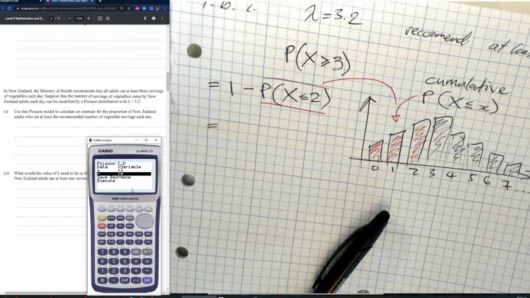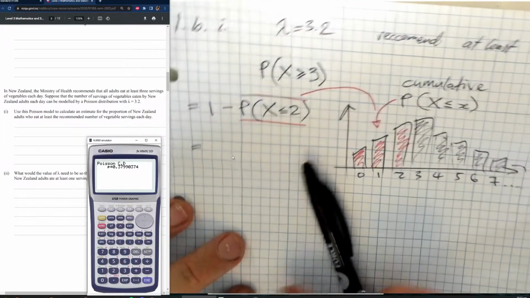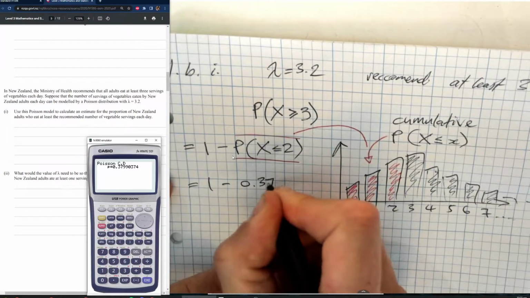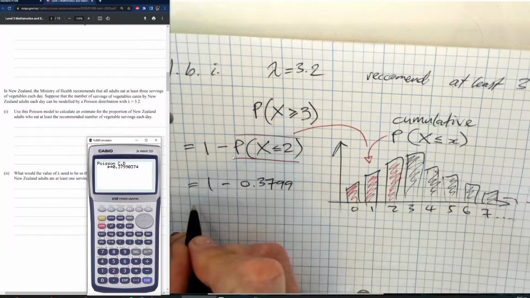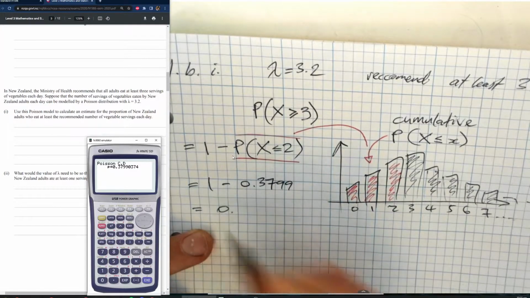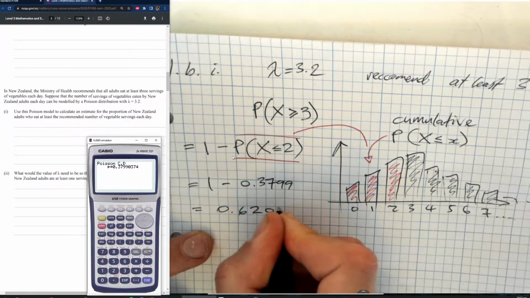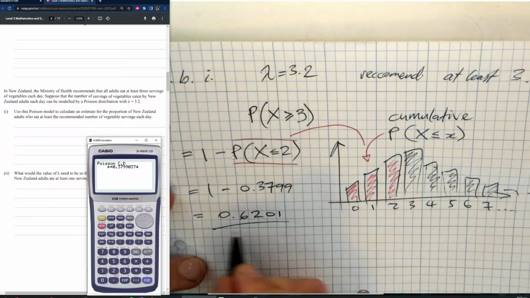Anyway, lambda was 3.2. So it's going to be 1 minus 0.3799, and that is going to be 0.6201, and that's our answer there.